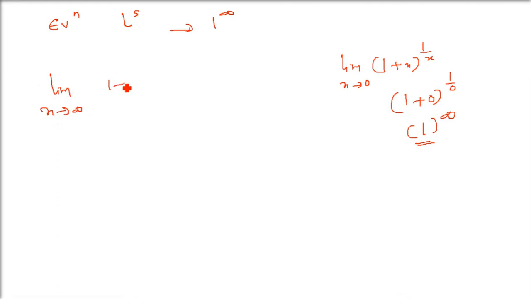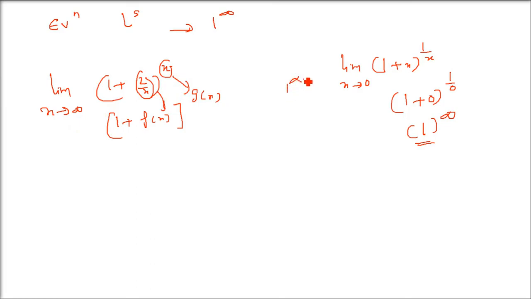So we have the limit as x tends to infinity of 1 plus 2 by x raised to the power x. Assume it to be equivalent to 1 plus f(x) raised to the power g(x). So f(x) is 2 by x here and g(x) is x. So f(x) and g(x) are two separate functions in this formation, and the limit is x tending to infinity in this case.